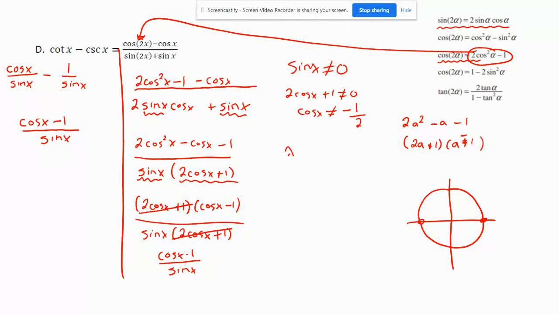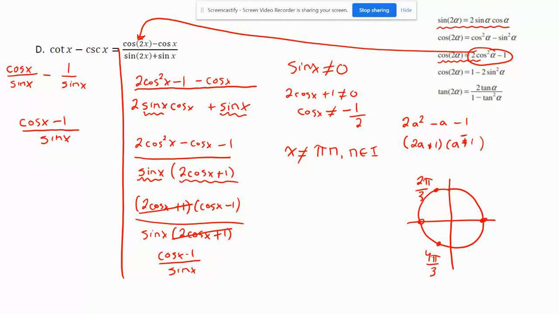So I'm going to say that x cannot equal pi n. So this goes like pi, 2 pi, 3 pi, 4 pi, 5 pi, and so forth. Now cos x cannot equal negative 1/2 happens here and here. This is at 2 pi over 3, and this is at 4 pi over 3.